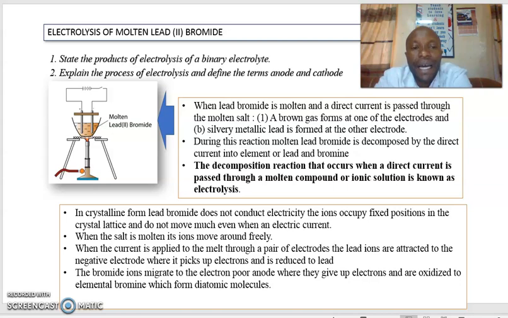At the anode you have the loss of electrons. Those electrons are supplied to the cathode, where the lead ions gain electrons. The process at the cathode is reduction, and the process at the anode is oxidation. That is the process by which the electrolysis of lead bromide occurs.